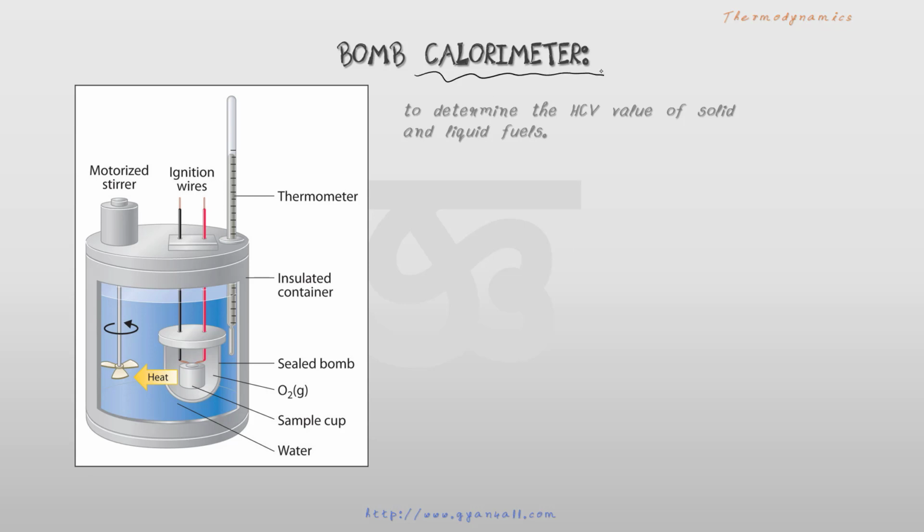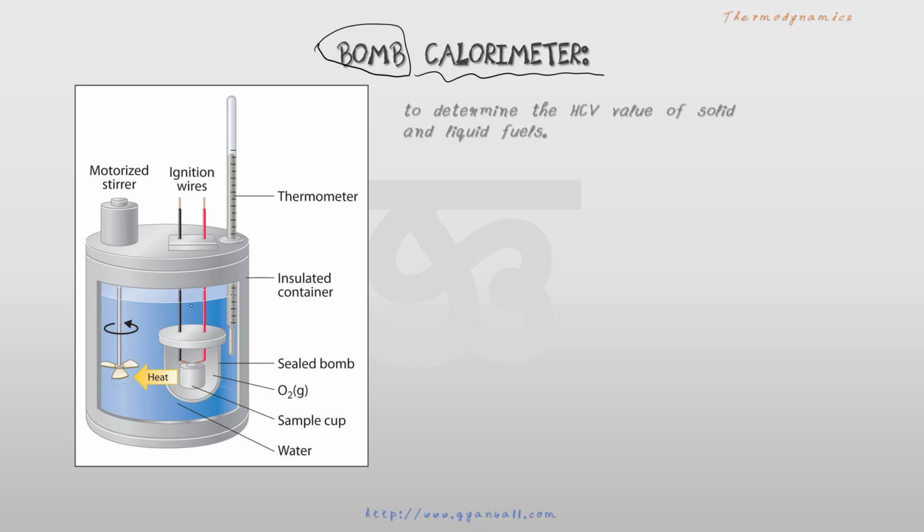A thermometer measures the temperature, okay? A calorimeter measures the heat, in this bomb apparatus. So by this apparatus we can measure the calorific value of fuel. You can look at the diagram. So what is inside this container?